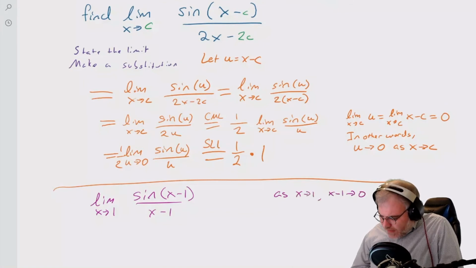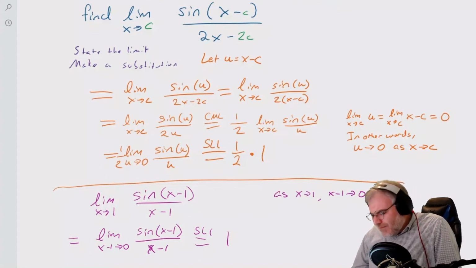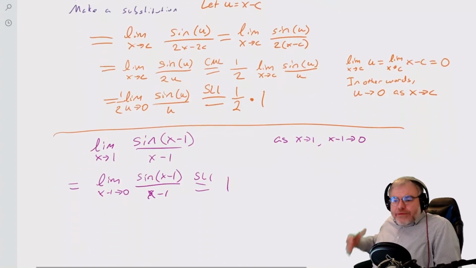So I replace the limit, and then I have the limit as x minus 1 goes to 0 of sine of x minus 1 over x minus 1. And then I can use my special limit. But I find that harder.